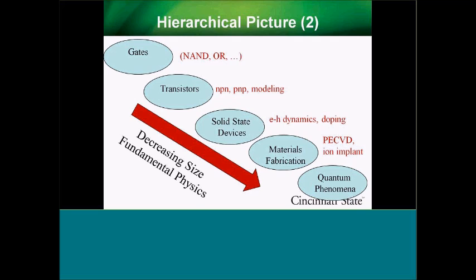CVD, ion implantation systems, metallization, all this kind of stuff that goes into semiconductor fabrication. And then finally, if you keep going down further than that, you're looking at actual quantum phenomena, some of the real fundamental physics of what goes on in these types of devices, and developing new structures like resonant tunneling diodes.